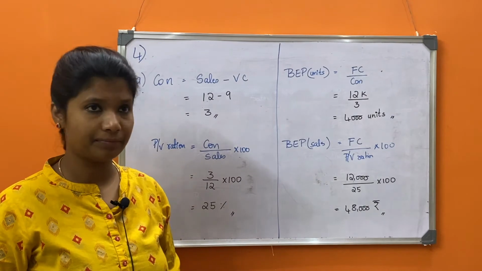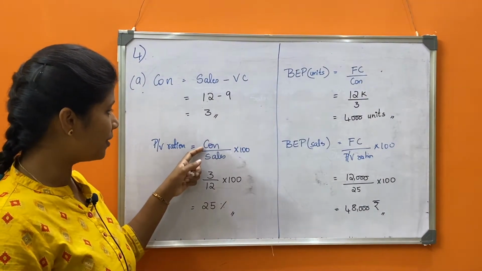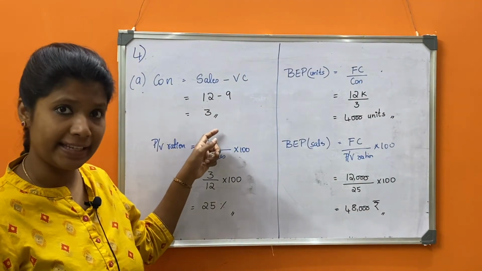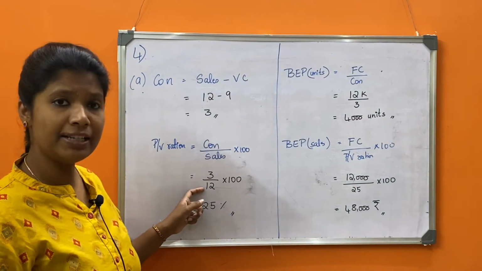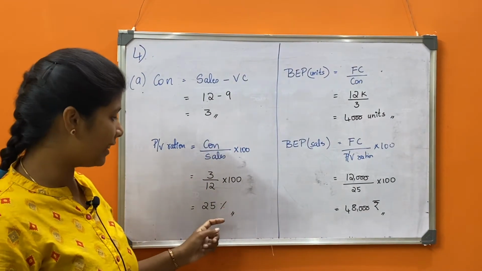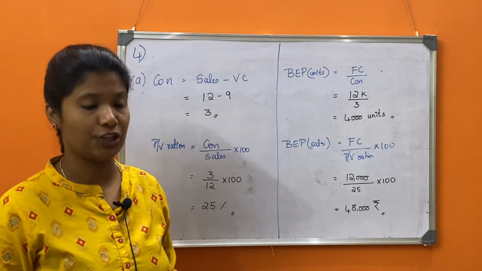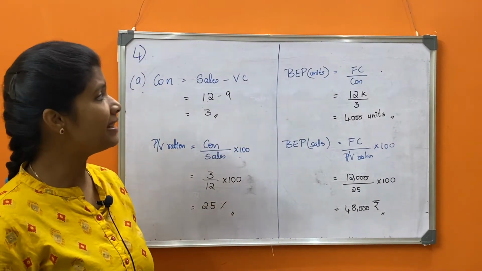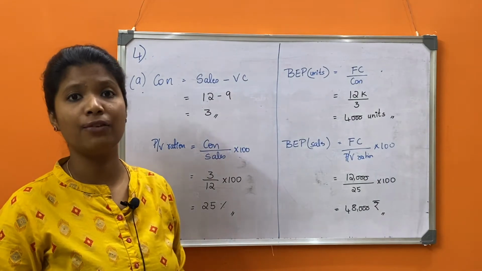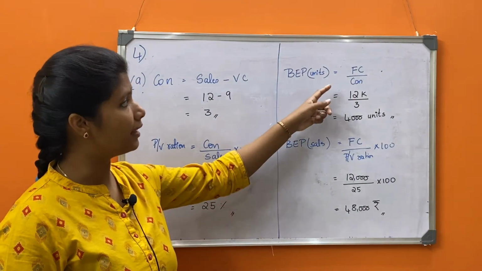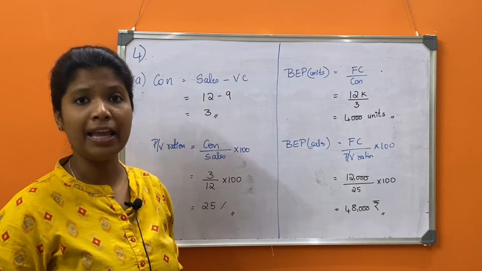is correct. So when I implement, how much is the contribution we found out? 3. How much is the sales per unit? 12. Into 100 we get the answer, PV ratio as 25%. So the third formula is break-even point in terms of units. And the formula is fixed cost divided by contribution.